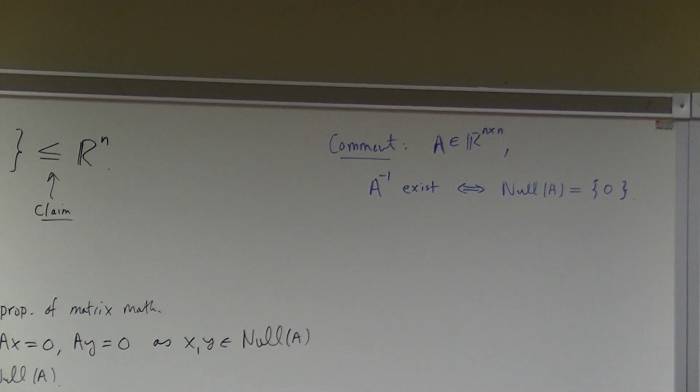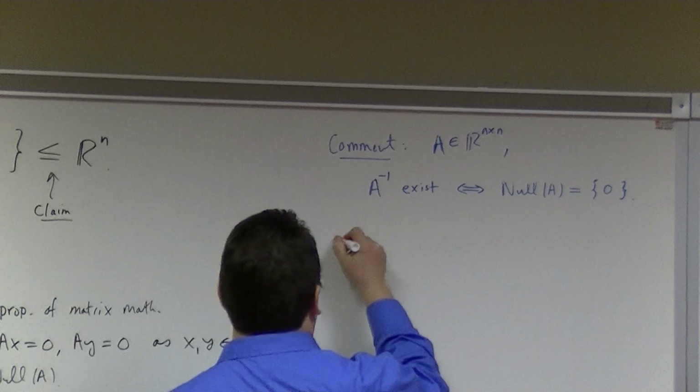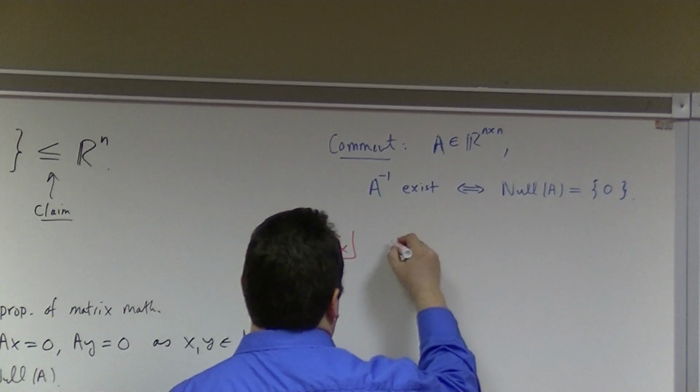Are there any other examples I can think of right off the top of my head? There are tons and tons of examples. How about this? Another example you might like.